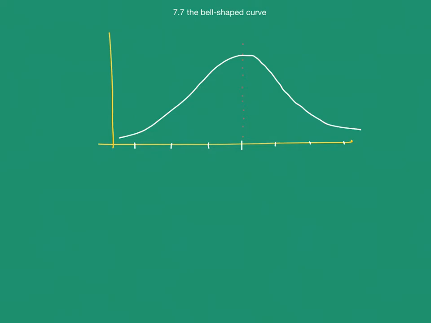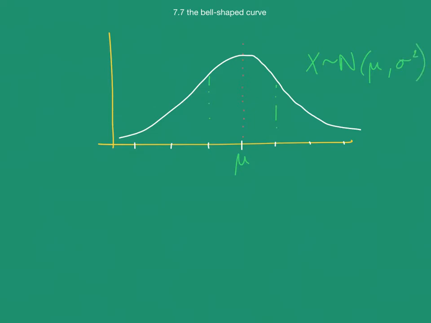Let's just use a different color. Let's try green. So this is the mean value. And what you have in a normal distribution is that, well, okay, we model this as x is normally distributed, and we have the parameters, which are the mean and the variance.